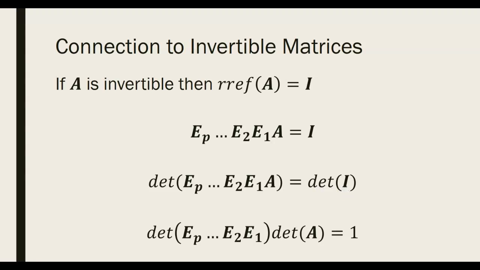Now we already saw that when we calculated the determinant of the identity, that determinant was 1. We saw that in an earlier example. And we can break up this left-hand side into the determinant of the elementary matrices multiplied times the determinant of A. That's basically my multiplication rule we just went over. Okay?